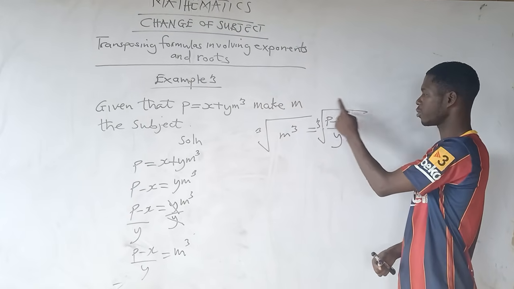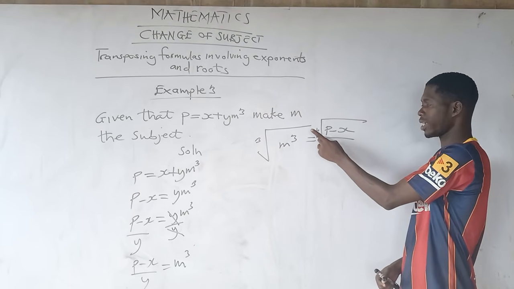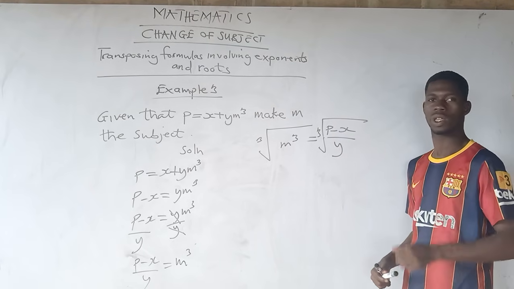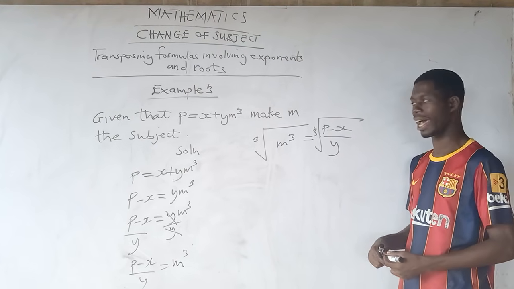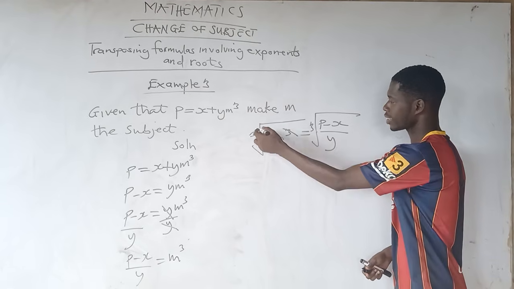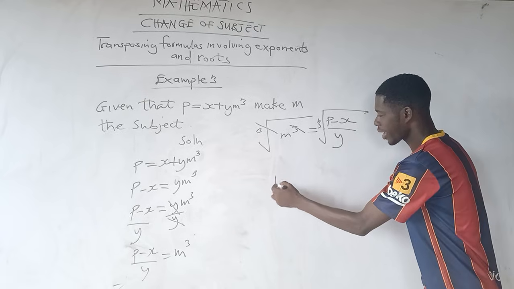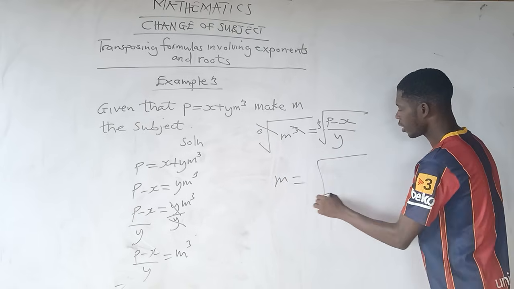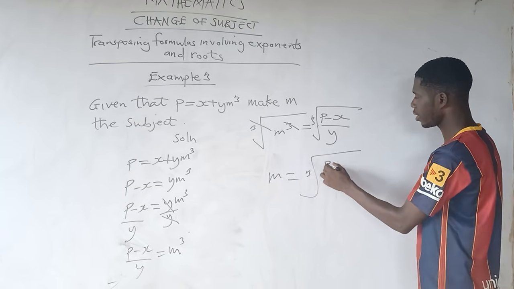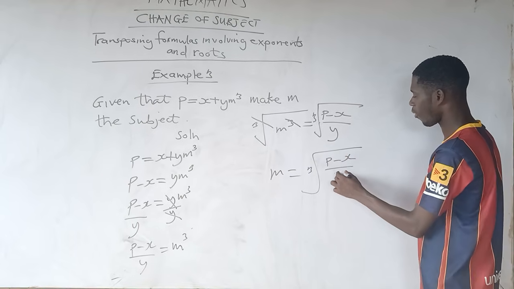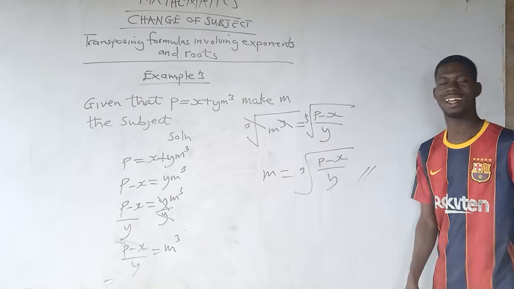You do the same thing as with the square root, where you bring the root sign, but here it's the small 3. So you cube root both sides of the equation. So this 3 here will cancel the cube root. So therefore, m is equal to the cube root of p minus x over y as the final answer.